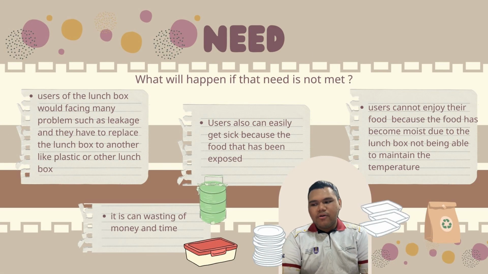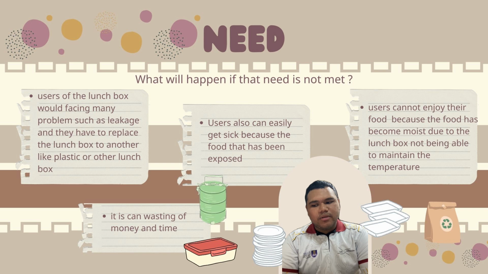The last criteria for the need section is what will happen if that need is not met. For this, we have outlined four scenarios. The first one, the user of the lunchbox would face many problems such as leakage, and they have to transfer the food from the lunchbox to another container, like plastic. The second scenario is that users can easily get sick because the food they have been eating has been exposed.